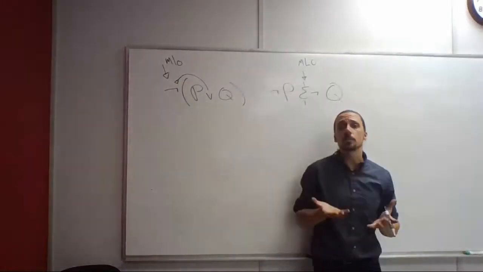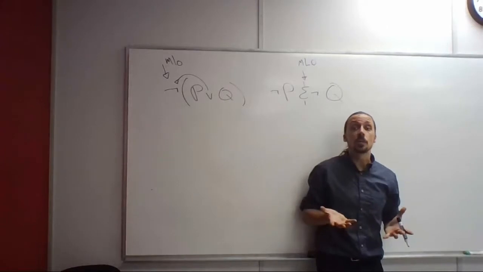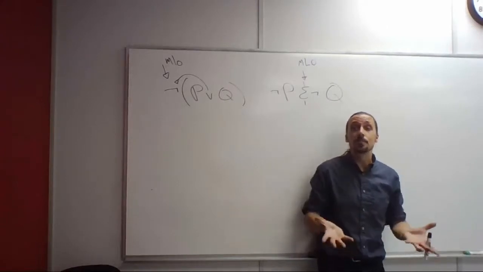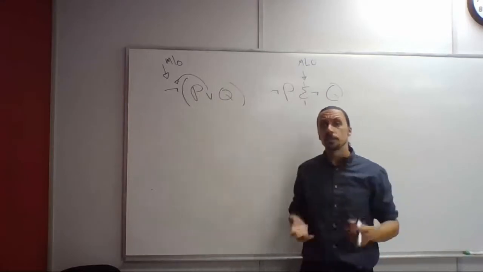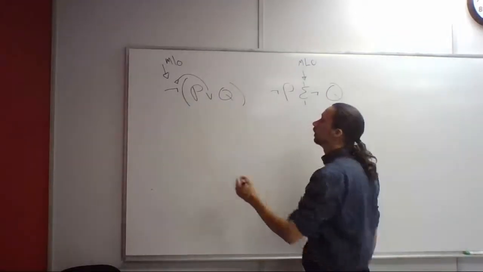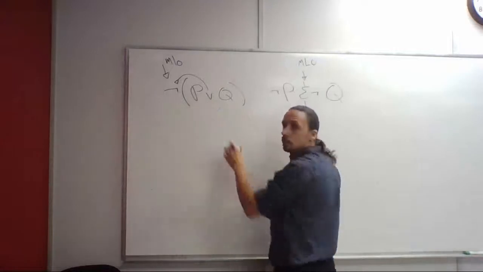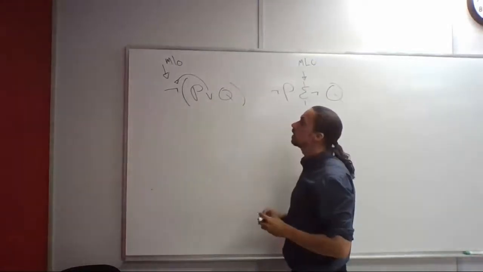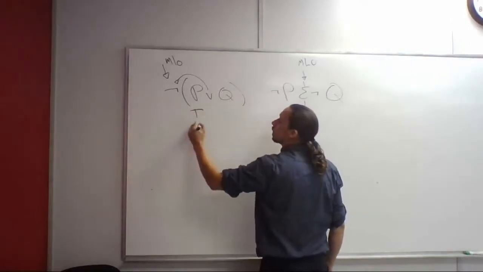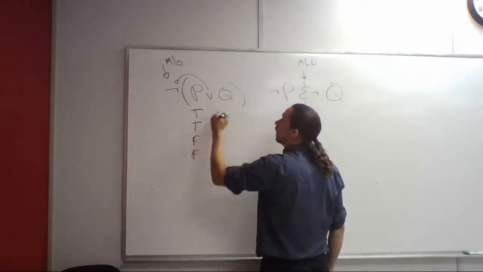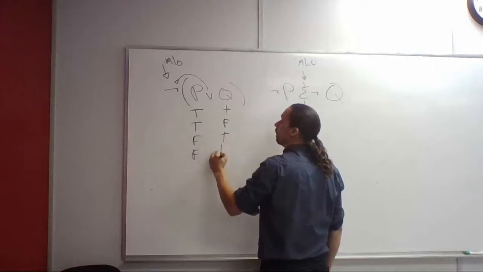So where do we start when we build a truth table? Well, we start with the lowest level components and build up towards the main logical operator. So let's do that. We have two sentence letters, two variables, and therefore the possibilities are going to be true, true, false, false, true, false, true, false.